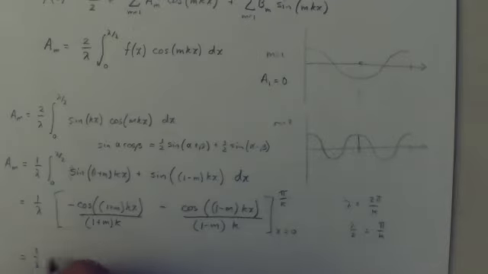So 1 over lambda, minus cosine of 1 plus m times pi over k times k is just pi, divided by 1 plus m times k.